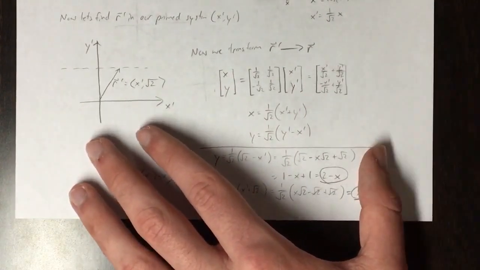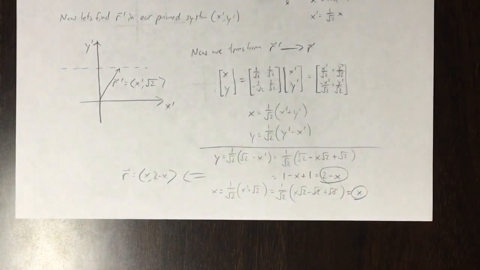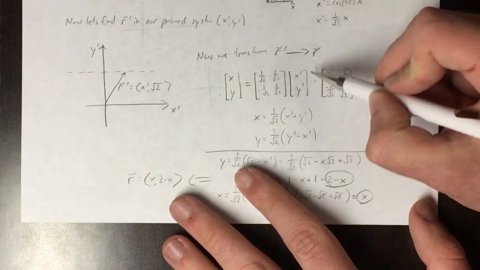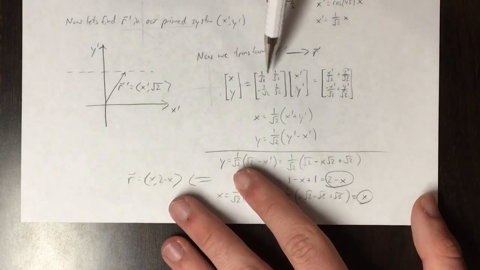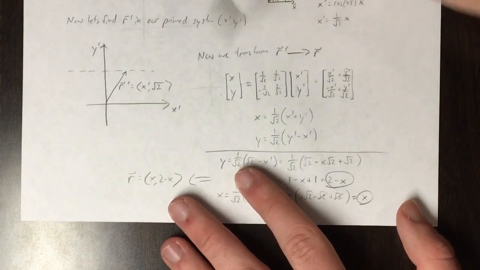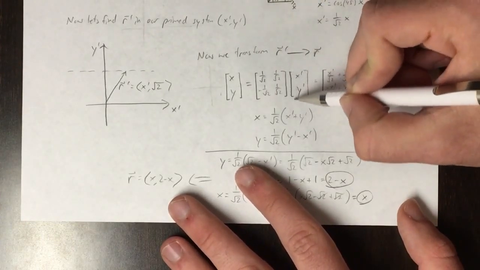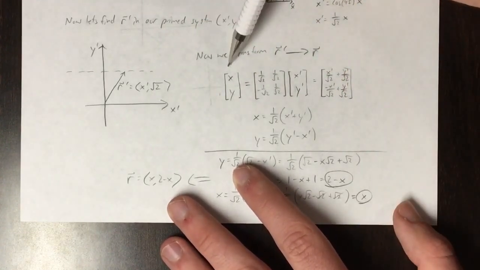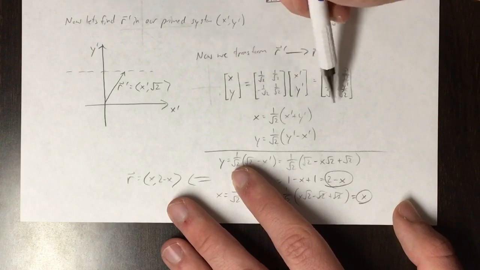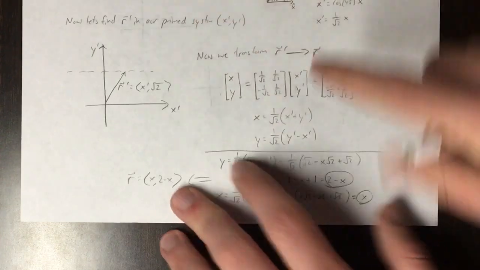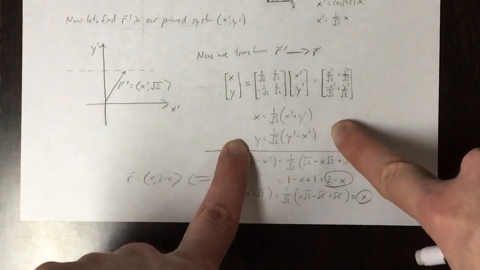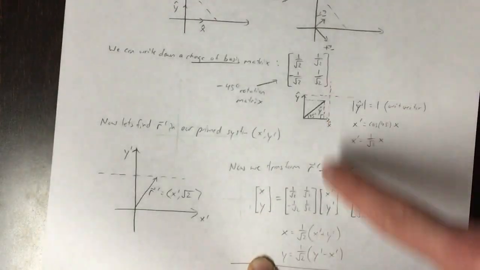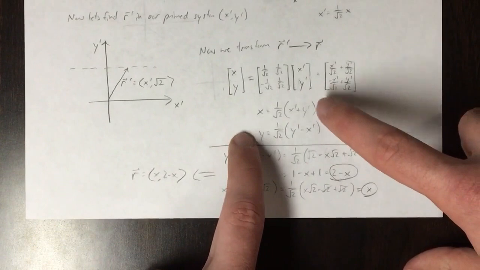And the way we get this expression is that matrix multiplication works by, to find this first row, we take the dot product of this vector with the first row. And to find the second row, we take the dot product of this vector with the second row. And we get this expression, which I can then say that x is equal to this first row and y is equal to the second row. And here, this is the coordinate transformation between unprimed and primed. That is how you derive a coordinate transformation. All of this we just did right here was deriving this coordinate transformation.